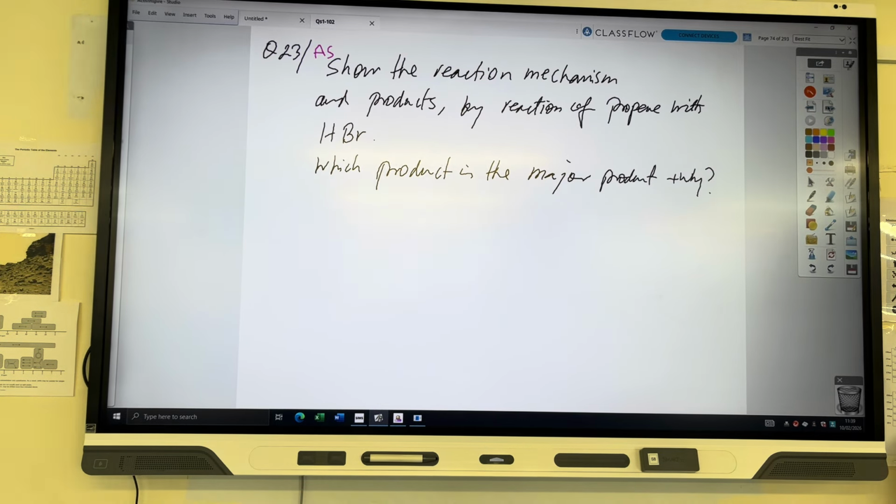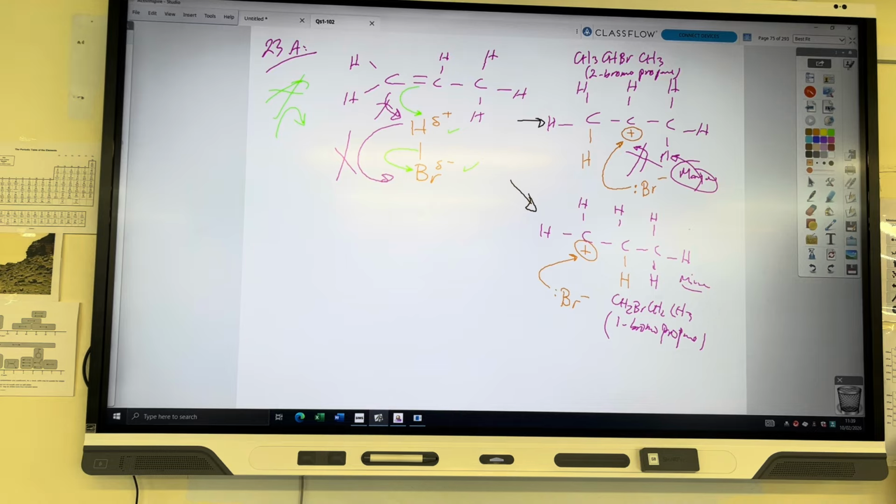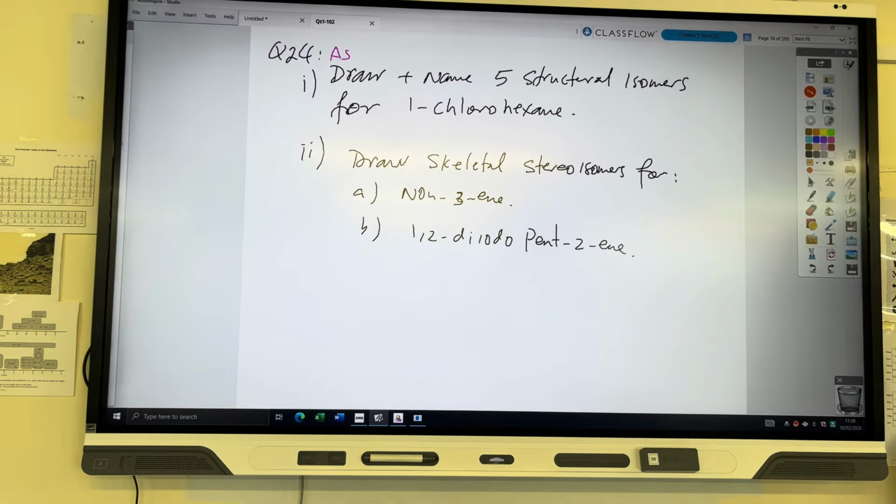Question 23, show the reaction mechanism and products of the reaction of propene with HBr. And which product is major and why? You have 4 minutes for that.